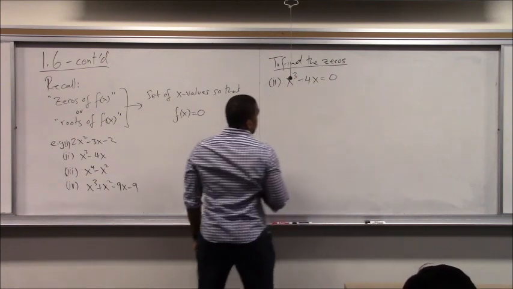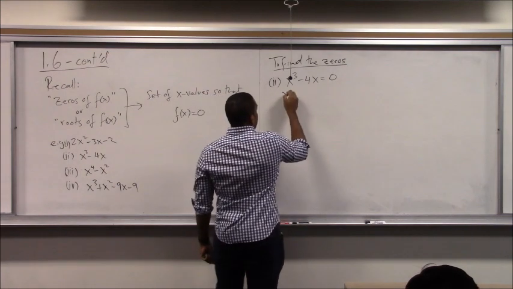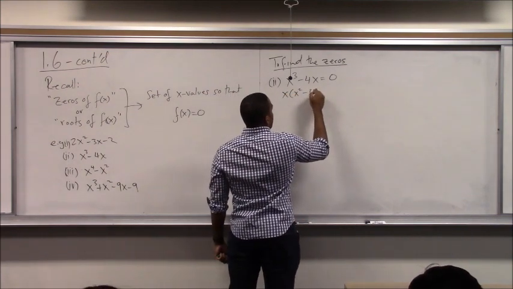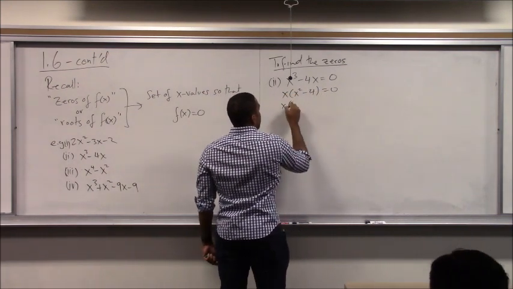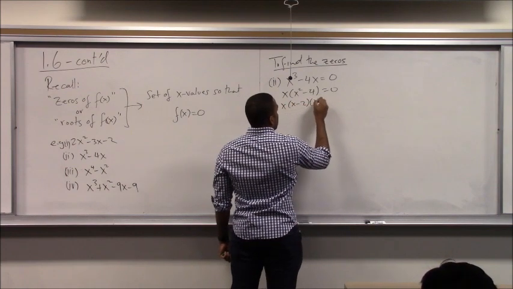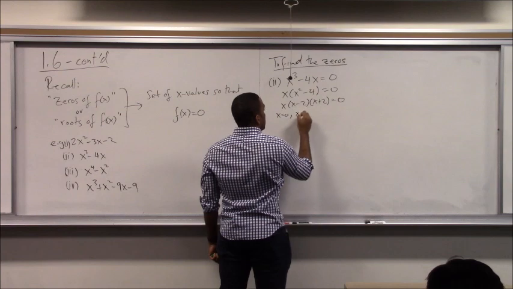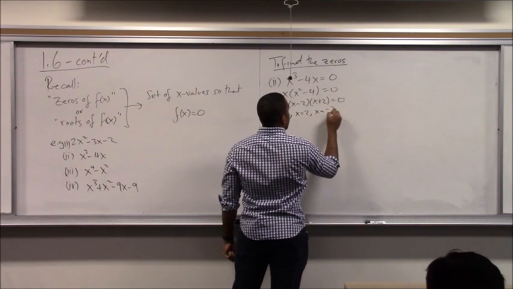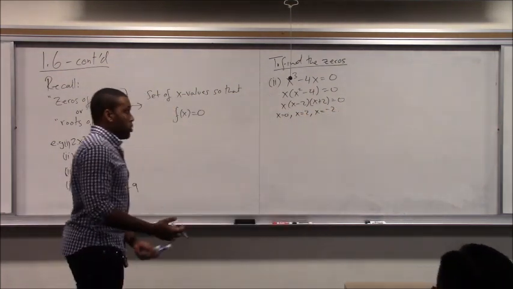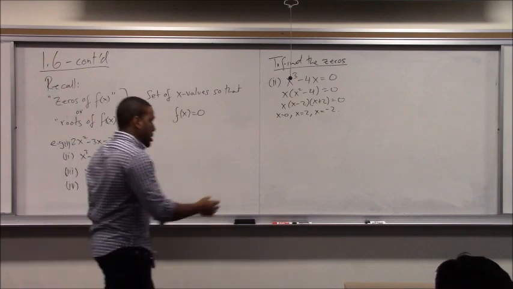Find the zeros: set it equal to 0. I'm going to want to factor, so I factor out an x. I can factor further. So here I get x equals 0, x equals 2, x equals minus 2. Now, those zeros, remember, they are the x-intercepts.